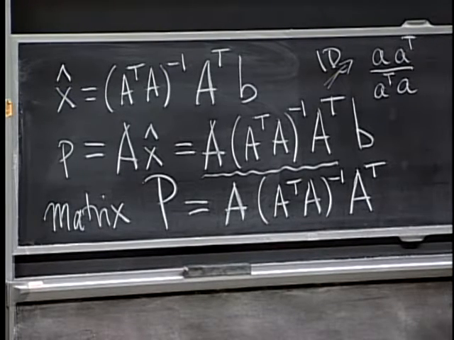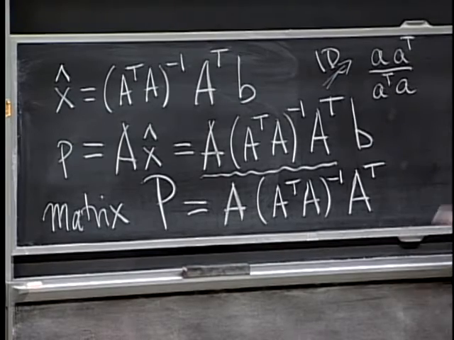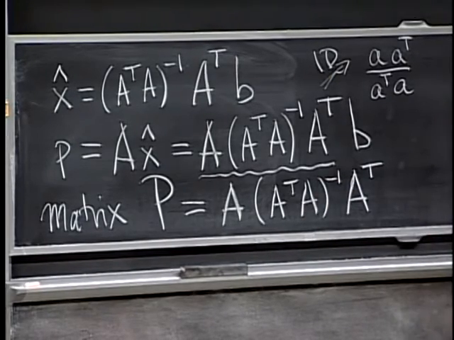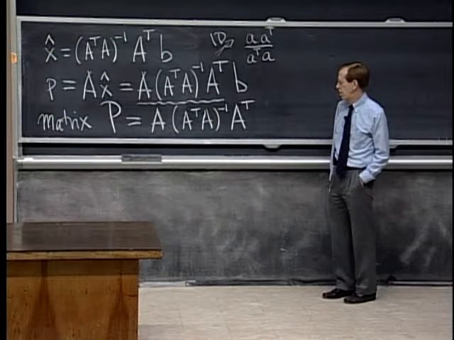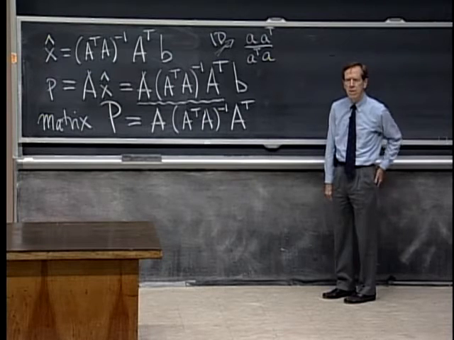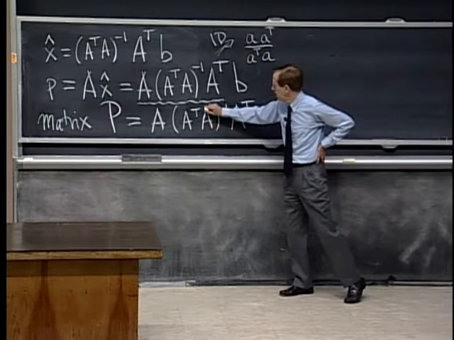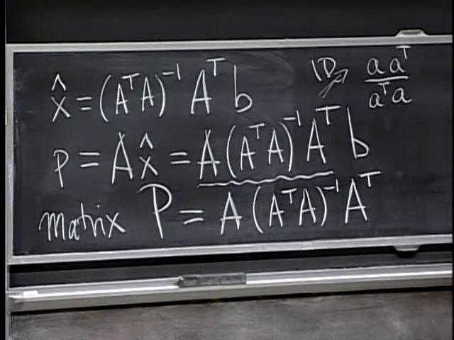Why don't I just use the formula I know for the inverse of a product and say, okay, that's A inverse times A transpose inverse? What will happen if I do that?